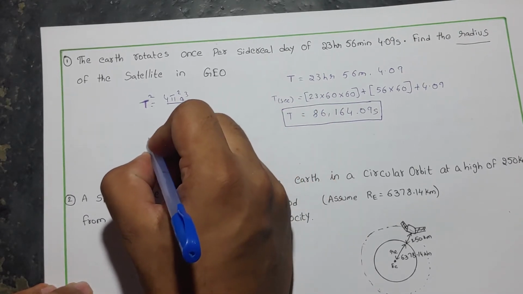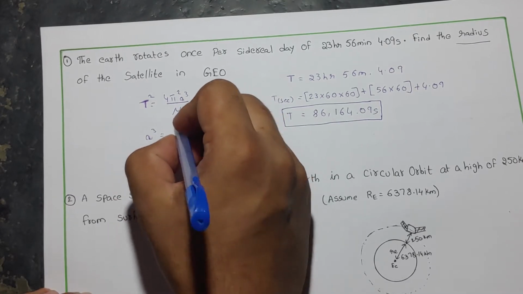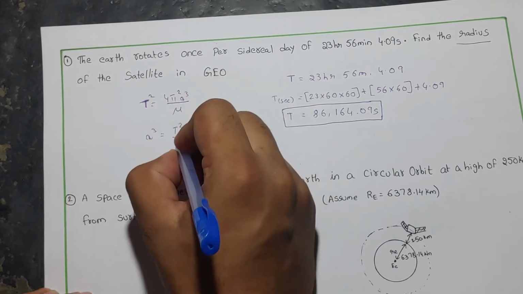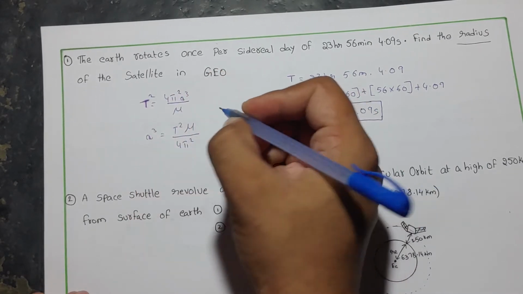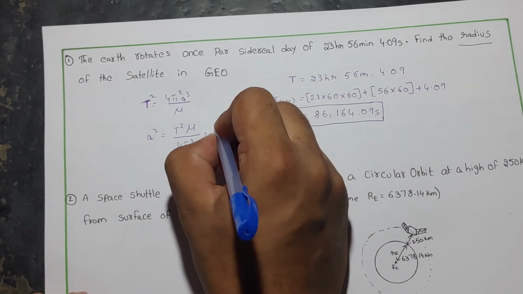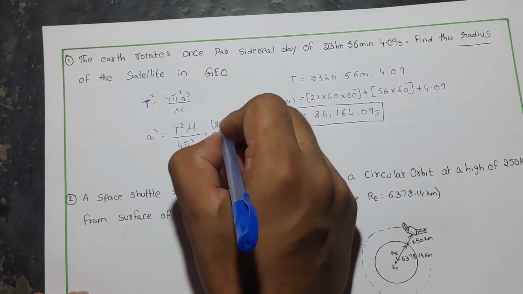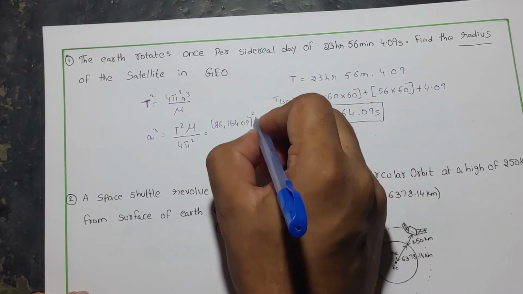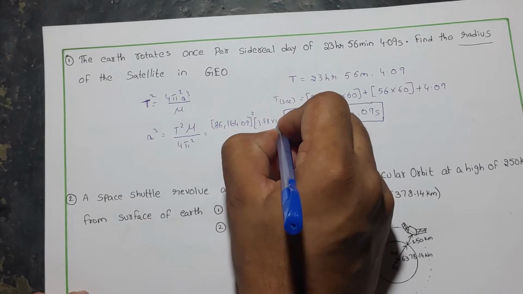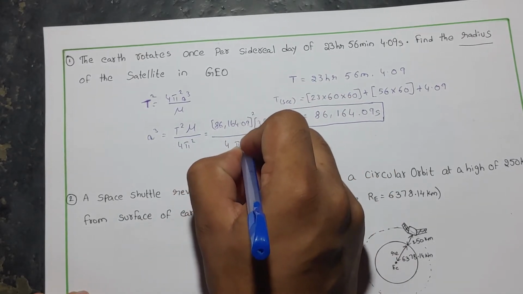So we could write A cube is equal to T square into mu divided by the constant 4 pi square, which is equal to 86,164.09 whole square into the mu value, that is 3.98 into 10 to the power of 5, divided by 4 pi square.